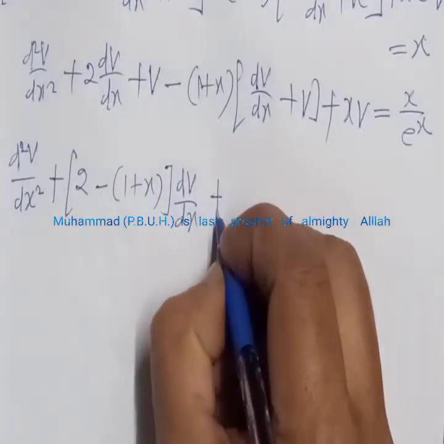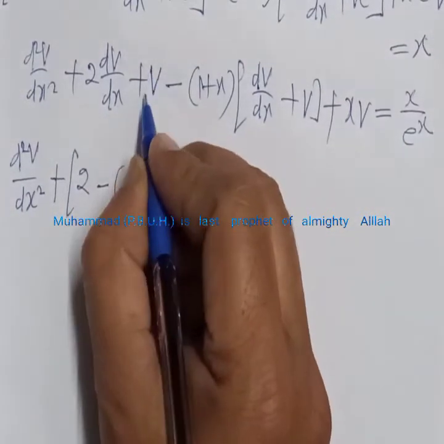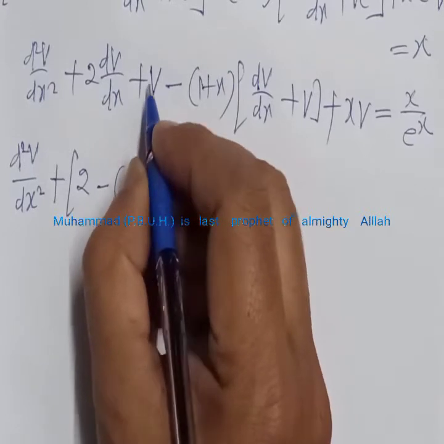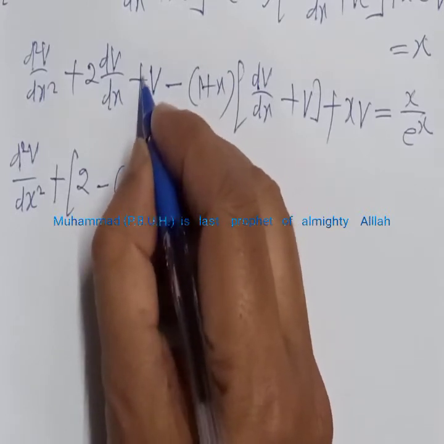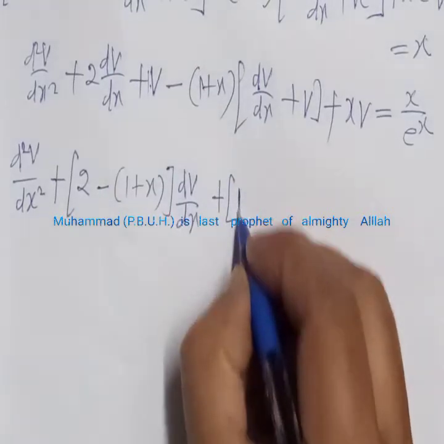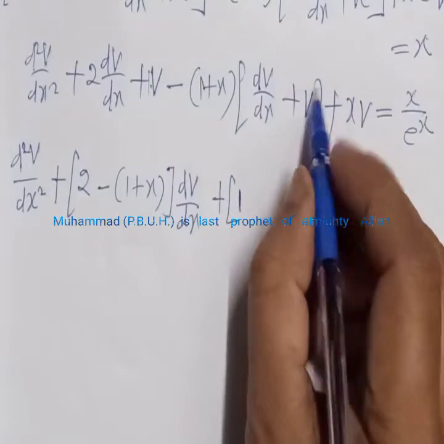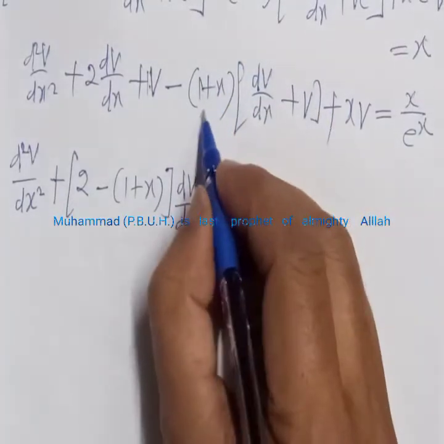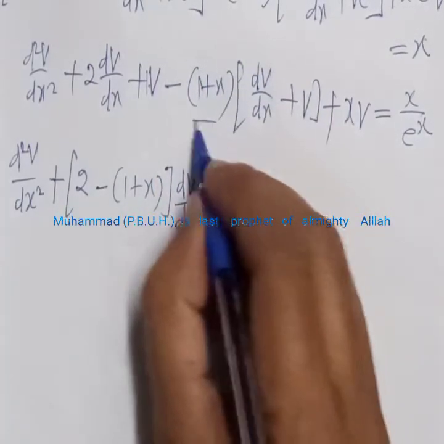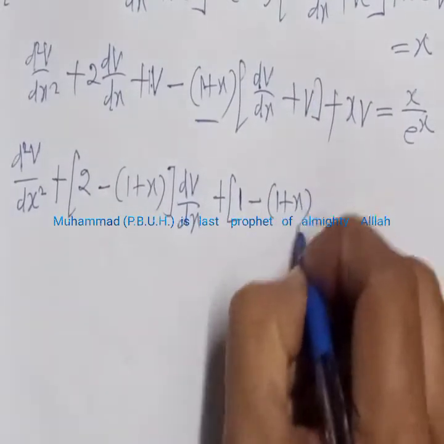After that we should collect the coefficient of v. Here there is no written coefficient of v, but we know that the coefficient of v is 1, so write 1 here, and v is in here. So on multiplying minus 1 plus x to this term, we get the coefficient of v is 1 plus x.